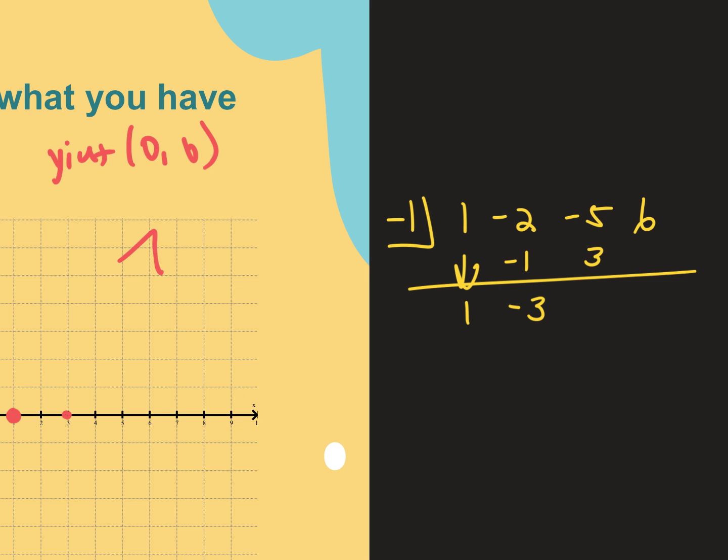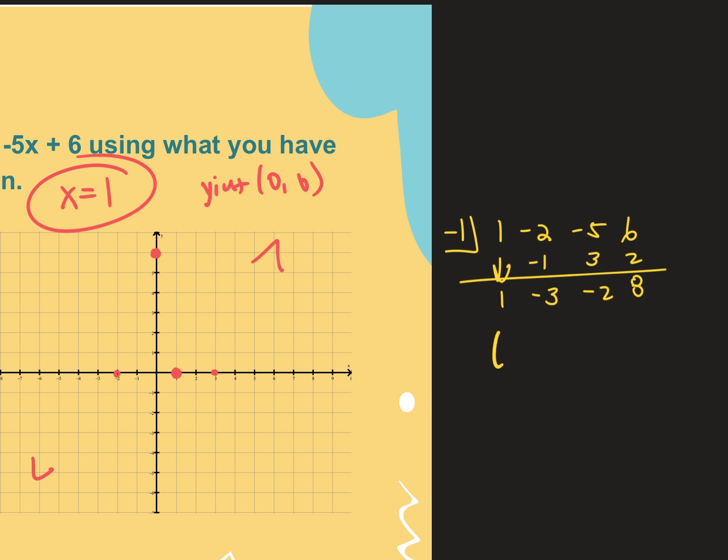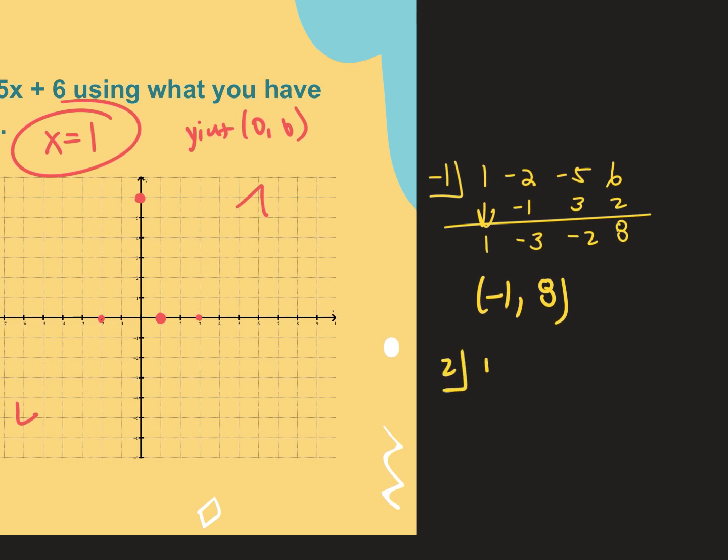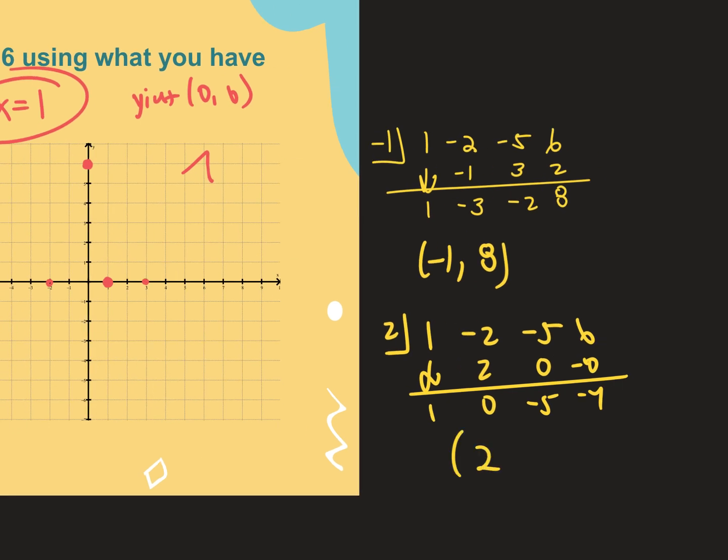You guys get 8? Okay, so I have a point at negative 1, 8. And then if I do 2, negative 4? Yes or no? 2, negative 4?